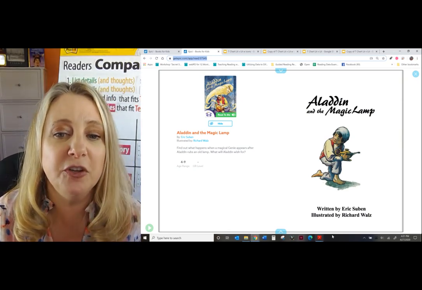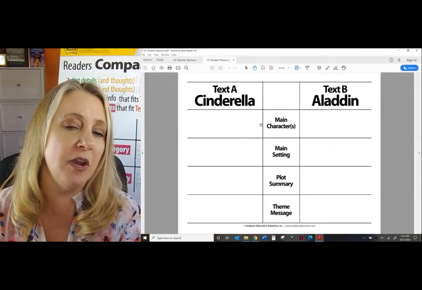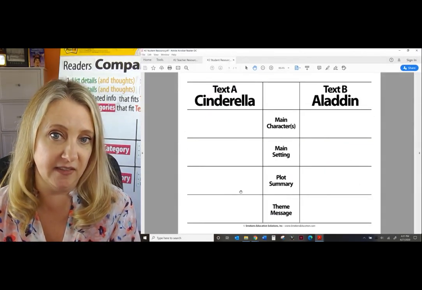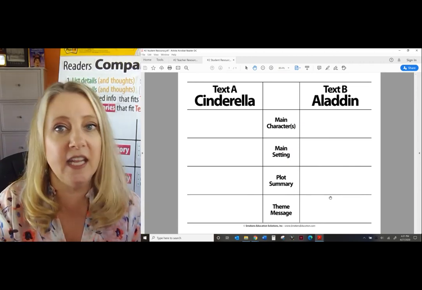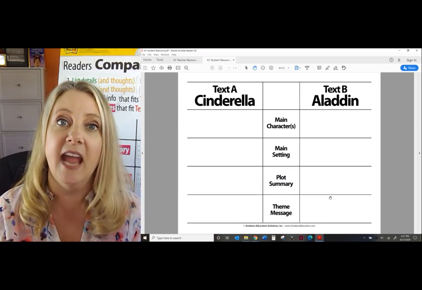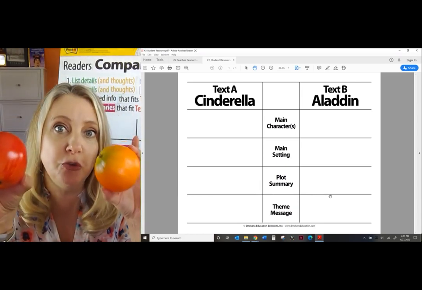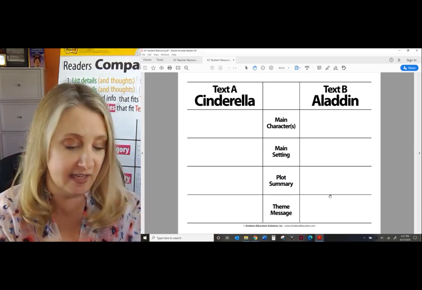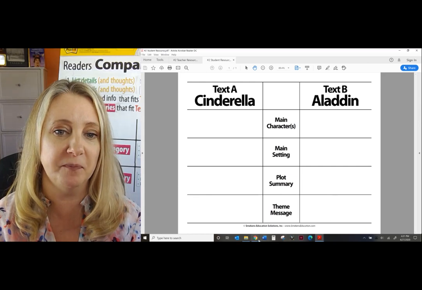Then, after you've collected it, you're going to look across and see if you can find any similarities. And maybe you just highlight it or mark it, whatever you want to do. But I want you to kind of look across and see if you find any similarities from these two totally different texts. There might be something you never noticed before.